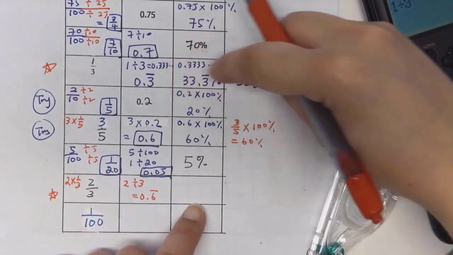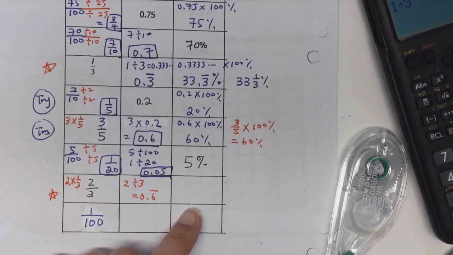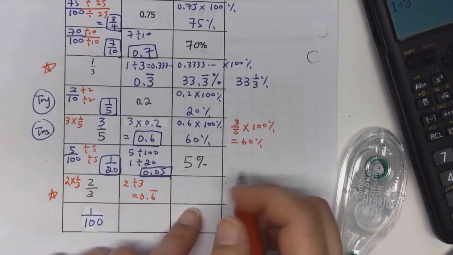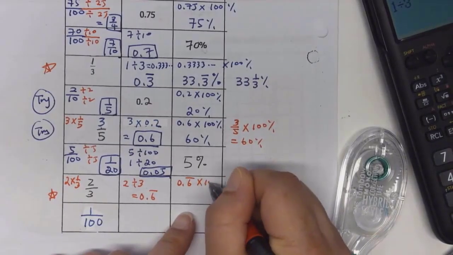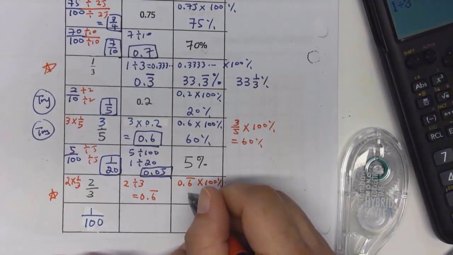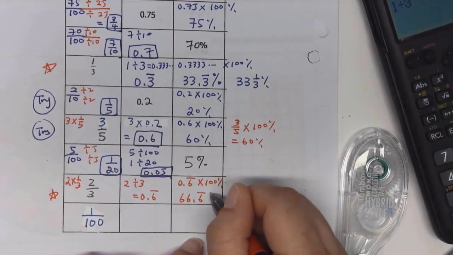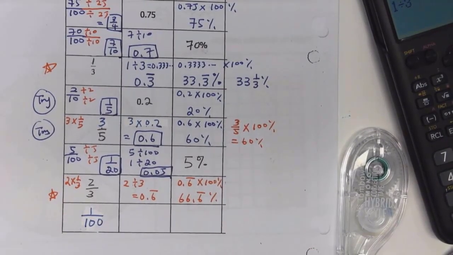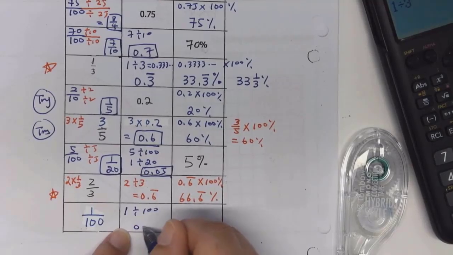Same thing. And then after that, how do I get the percentage? Multiply by what? 100%. Okay. So 0.6 repeating times 100% is going to get you 66.6 repeating percent. Now, last one, 1 over 100, then we can have 1 divided by 100 is 0.01.